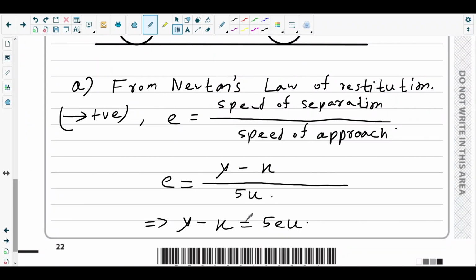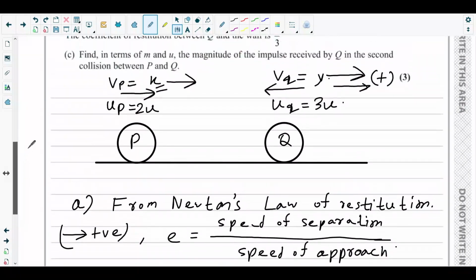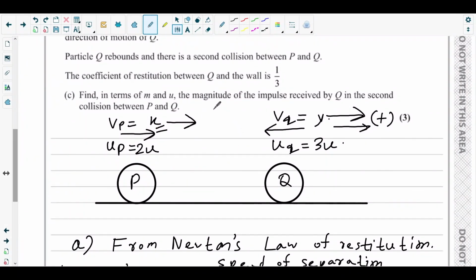So what we can figure out is that we have to eliminate y from this equation in order to approach our answer. For that we need another equation, which we can form using the law of conservation of momentum.